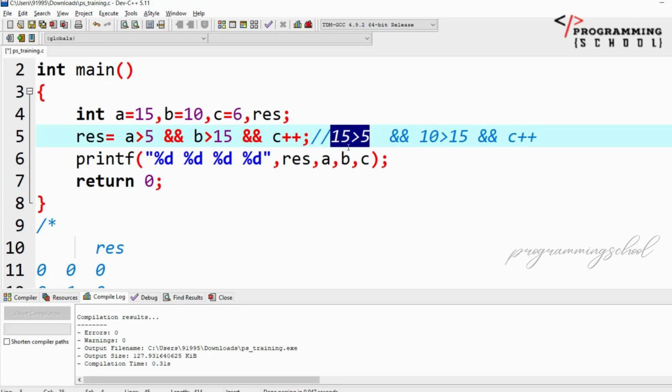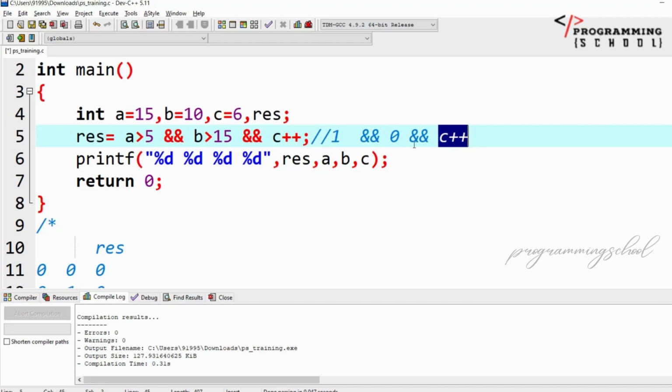Is it true or not? Yes, this is going to be true. Then it moves to the next statement. Is 10 greater than 15? No, it is going to be 0 here. Then we might think that it moves into the next statement and C is going to be incremented.